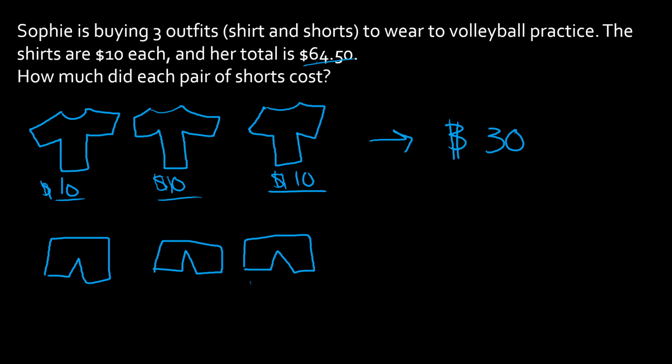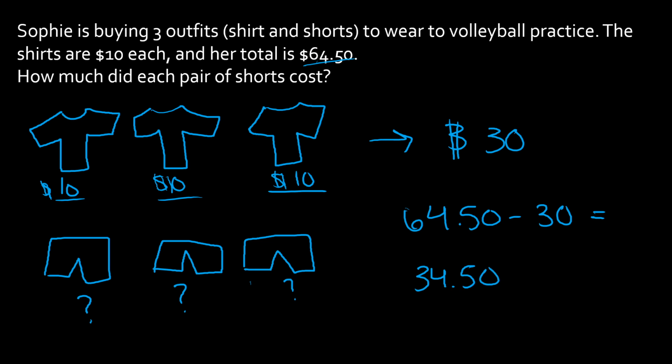So to figure out how much she spent just on these shorts here, I need to take this $64.50 and I want to subtract the 30. So I'm subtracting how much she paid for all 3 of her shirts just to figure out how much she's paying for her shorts. So when we subtract that, we get $34.50.